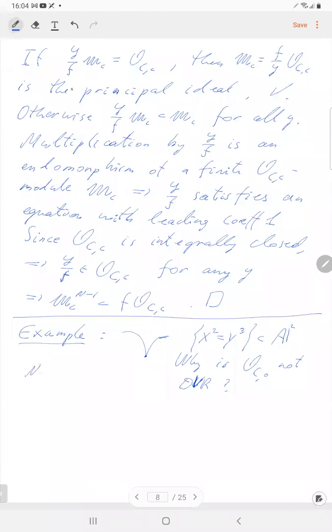Neither y nor x will work for the uniformizer, because of this relation, x squared equals y cubed.